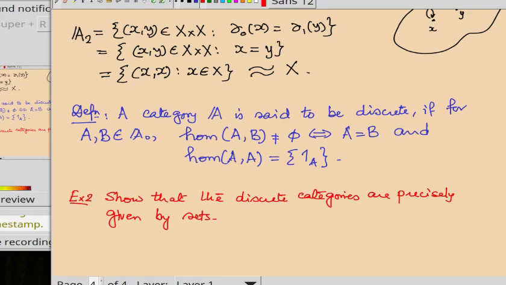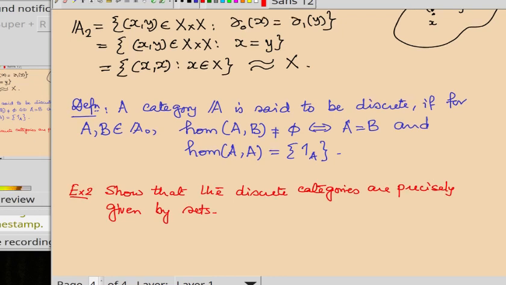What do I mean by this? This is a very loose statement. What you will have to show is, given a set, as I have shown, I can produce a discrete category. Conversely, given a discrete category, I can produce a set whose discrete category as produced in this construction is nothing else but the given discrete category. Okay, so you go and come back as if.